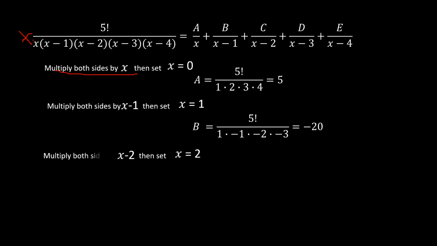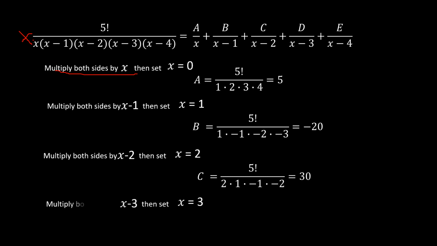And then multiplying by x minus 2, the same process happens, and c becomes 30. Multiplying by x minus 3 and then setting x equal to 3 allows us to obtain d, which is negative 20.